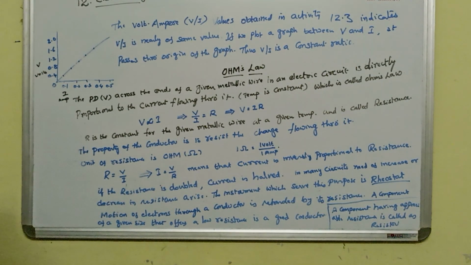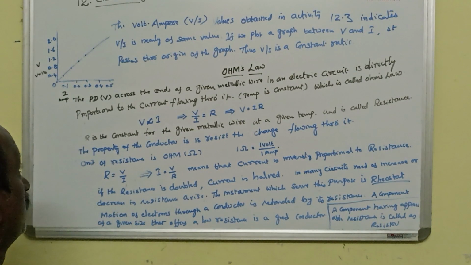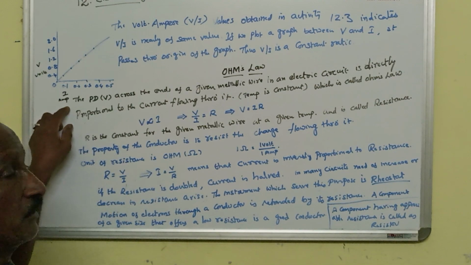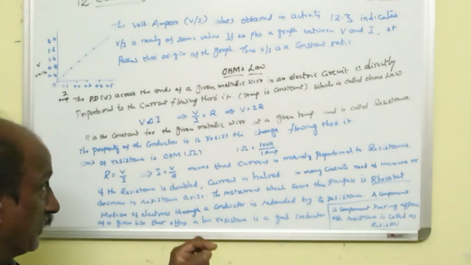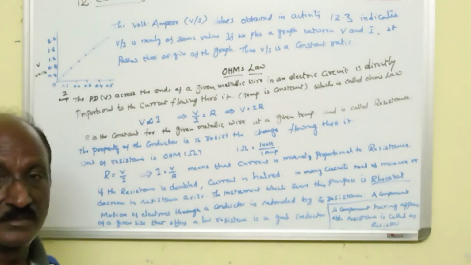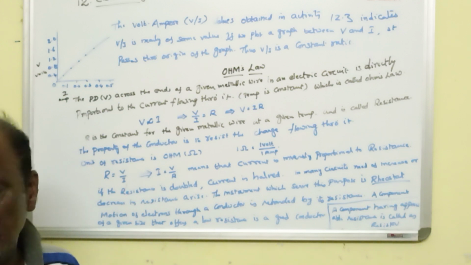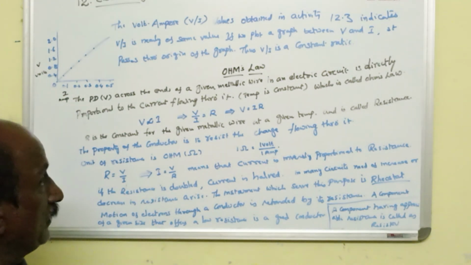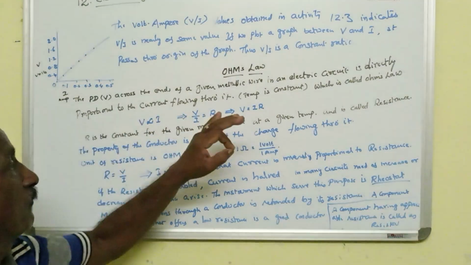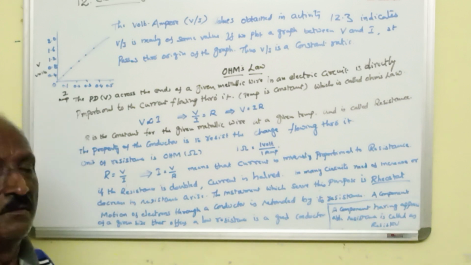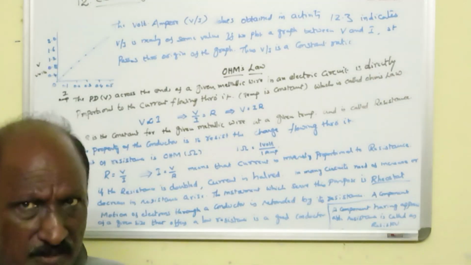So from this, how has Ohm's law been derived? If you go through the narration I presented here: the potential difference across the ends of a given metallic wire in an electric circuit is directly proportional to the current flowing through it. Potential difference is measured in volts.